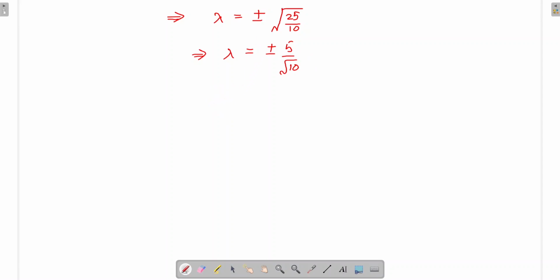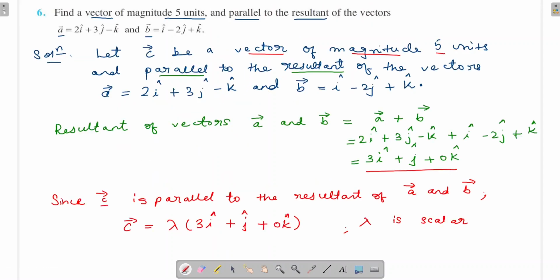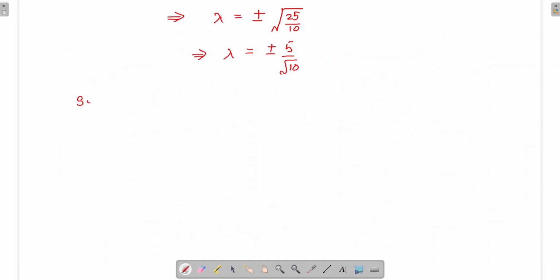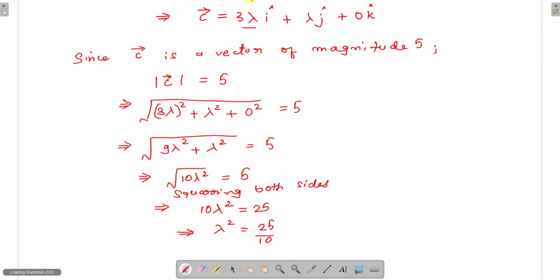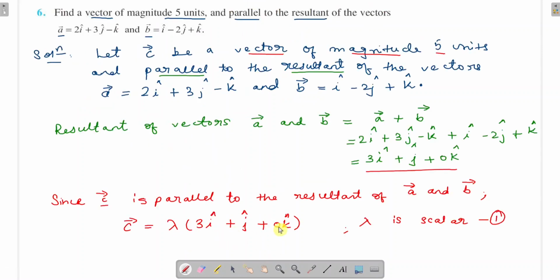So we have found lambda. Now we can write the c bar. So if we call this as 1, substituting lambda equal to plus or minus 5 by root 10 in 1, we get c bar equal to, look at the equation 1 here, lambda times this vector.